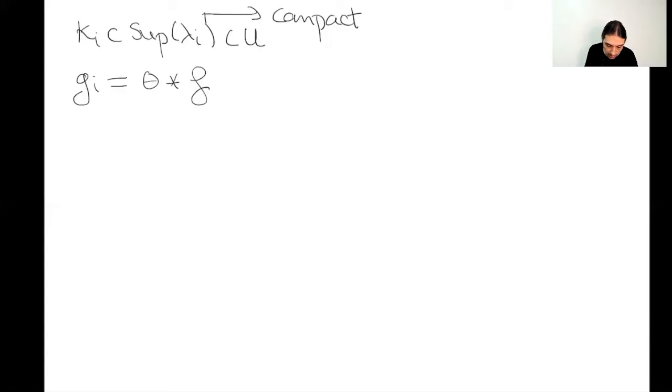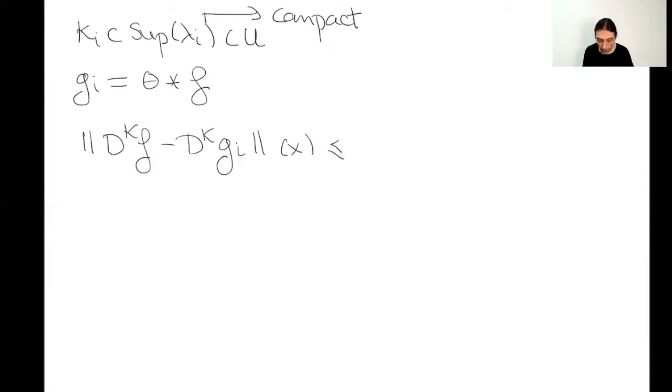what we have is that the derivatives of order up to r of F minus the derivatives of order up to r of Gi are going to be smaller or equal than some alpha i that we are going to specify later on.